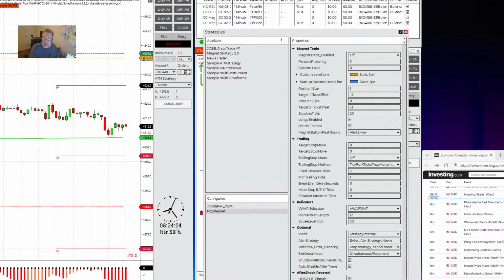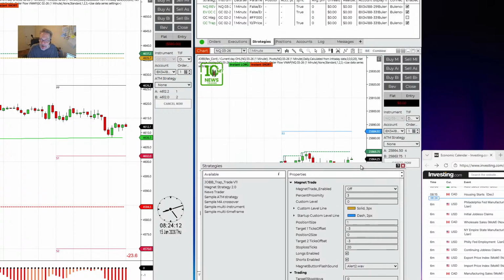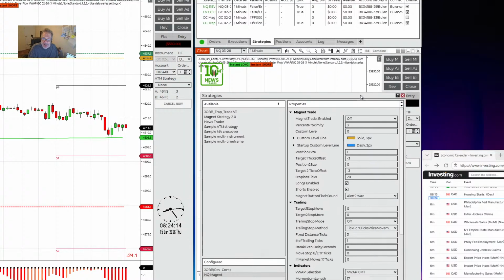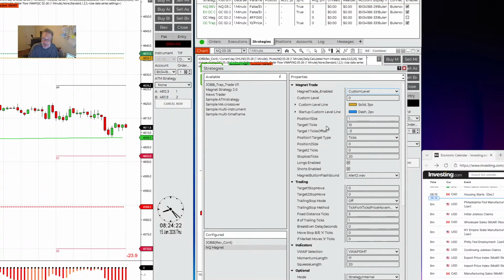so I go up to the top. For me, remember what I said, you're going to choose a custom level, 25884. I have R1 built in. So I still choose custom level, okay? And then I choose how many contracts, what's my target.